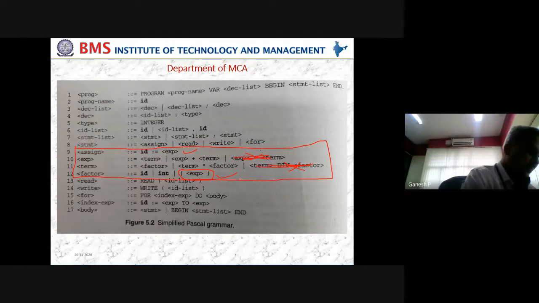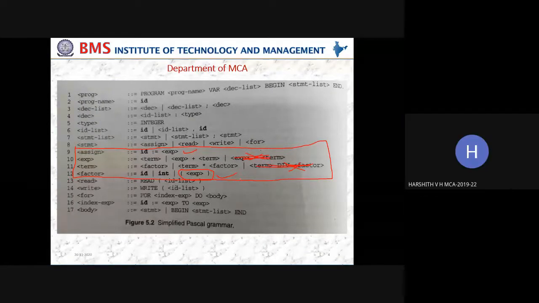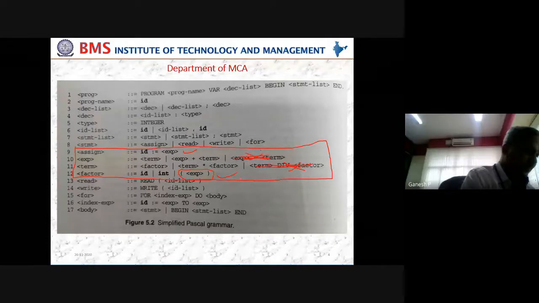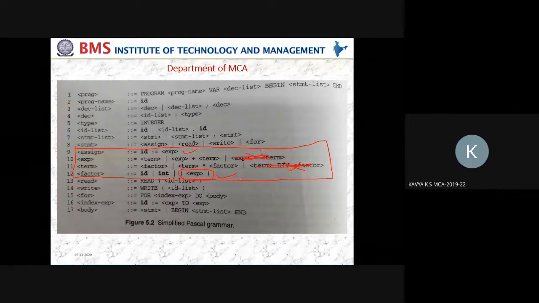Bhavisha? Present, sir. Chaitra? Present, sir. Diksha? Present, sir. Deepika? Present, sir. Kavya? Present, sir. Kishore? Present, sir. Lata?